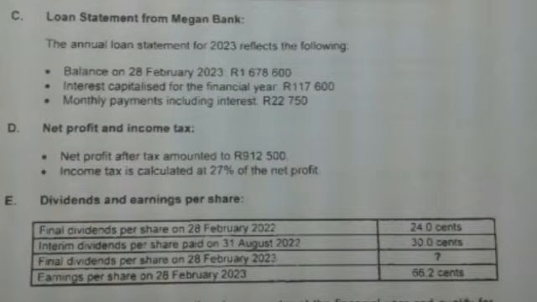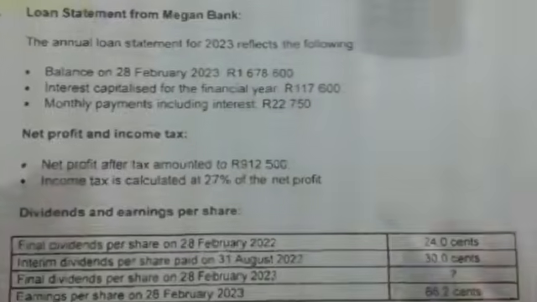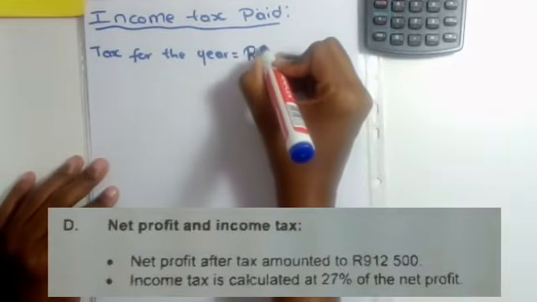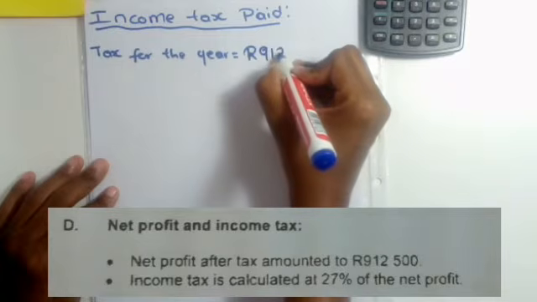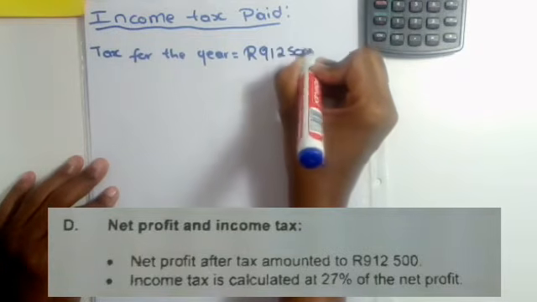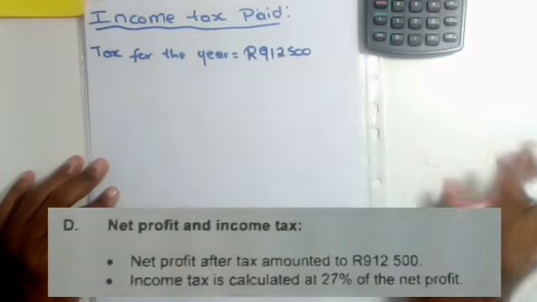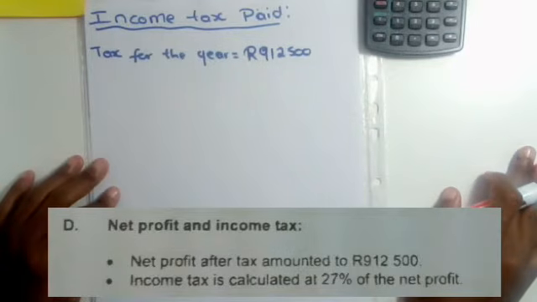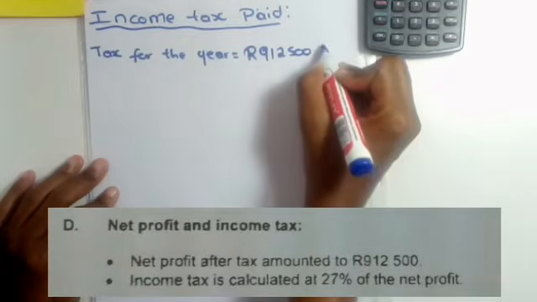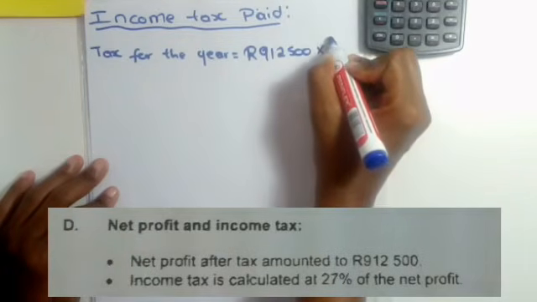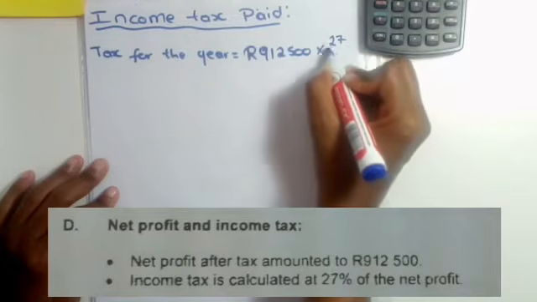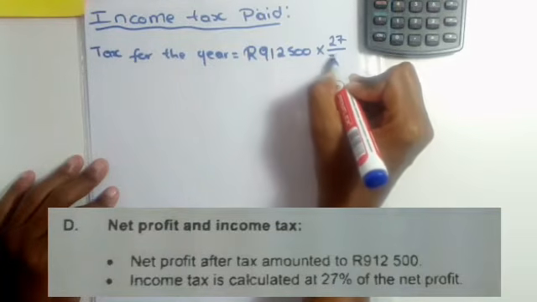But in this case, what we have is net profit after tax, meaning this amount of 912,500, they have already subtracted tax out of it. So that means that this represents only 73%, not the full 100%. So for us to get the tax amount itself, we are going to multiply by 27 over 73.